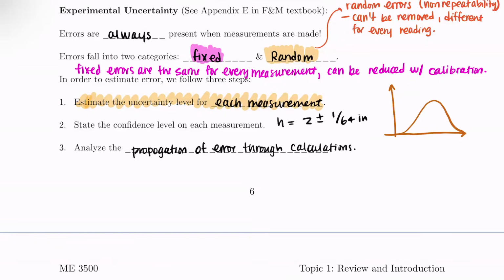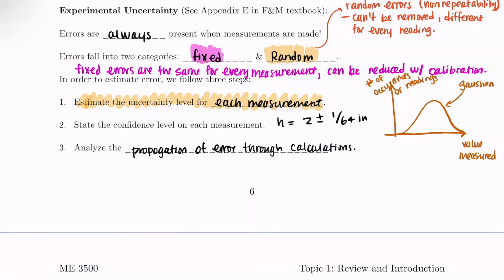So this would be the number of occurrences or measurements or readings, and this would be, for example, the value measured. Okay, so this is a Gaussian distribution.